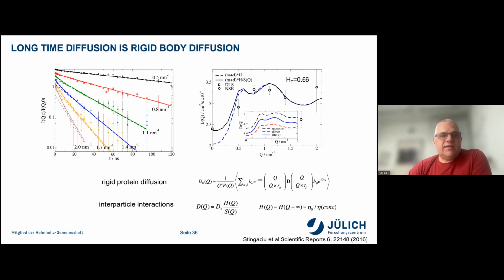If we look at translational rotational diffusion here, we get these points, and they fit quite well to calculations where we take monomers and dimers, combine these in the diffusion coefficient, and also include the hydrodynamic interaction of the structure and also H of Q divided by S of Q, which increases the diffusion value to the light scattering values that we have here. So this fits very well.